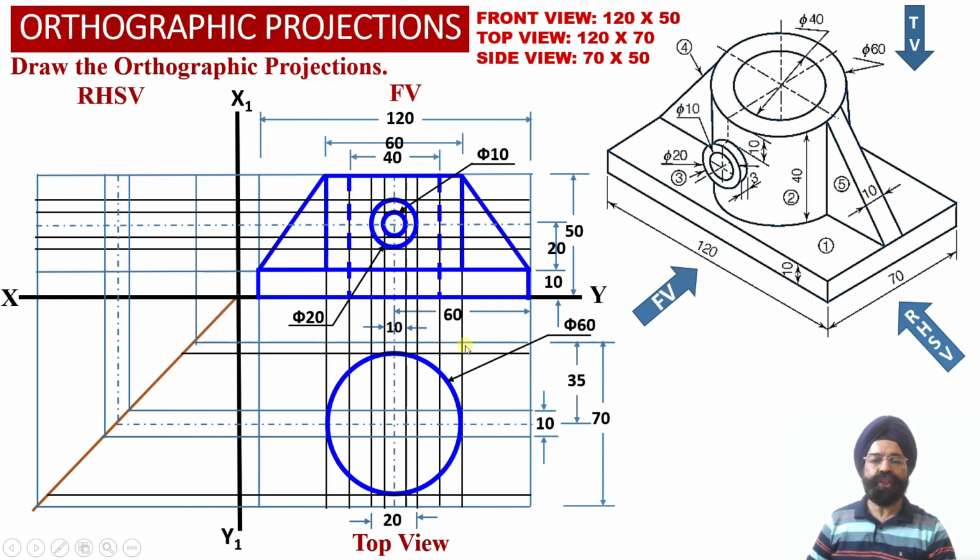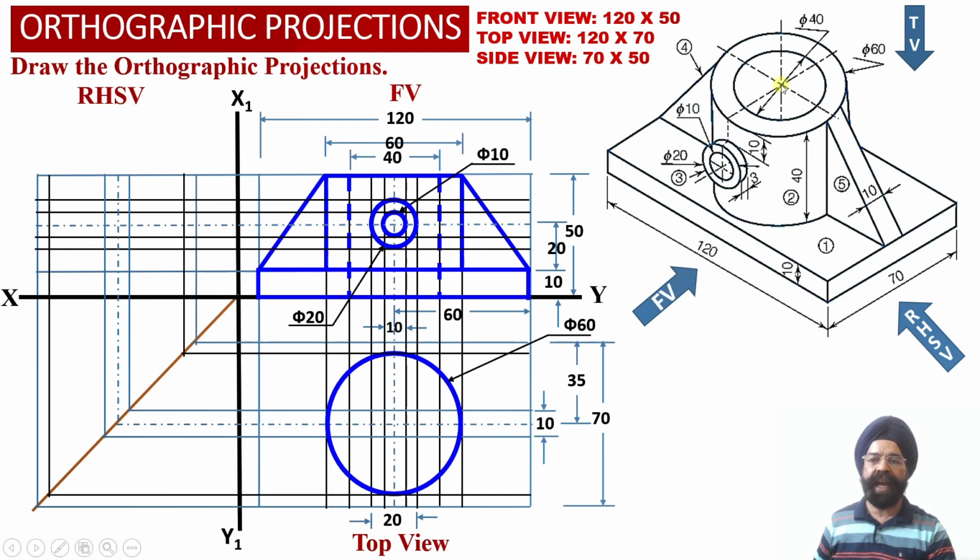We obtain these two lines in the top view projections, and using this transfer line we transfer these two black projector lines corresponding to the outer portion of this hollow vertical cylinder into the right hand side view projections over here.